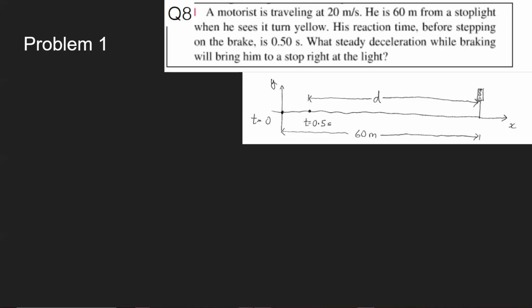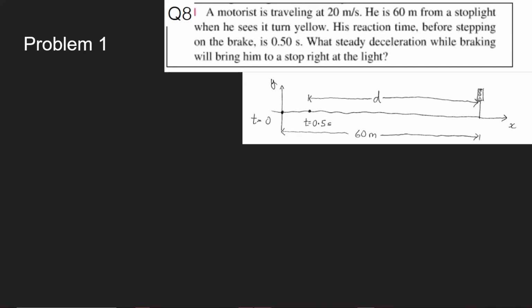So that's how these problems are usually going to be. It's just going to be some kind of situation, and then it's going to be something very specific, like in this case, what exact steady deceleration will bring him exactly to the stoplight. Even though that sounds super wordy, it's really not that bad.